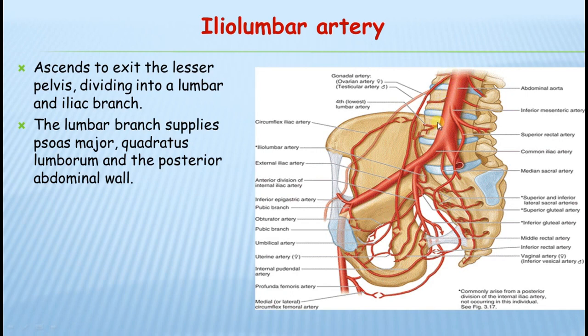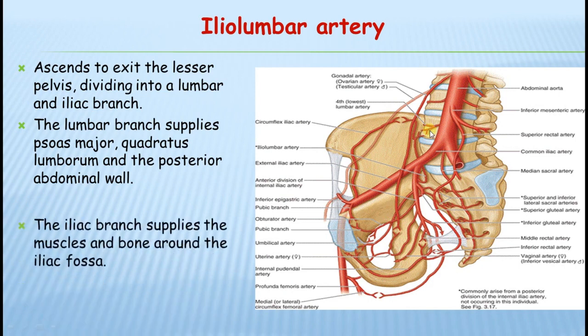They are actually the posterior branches from the abdominal aorta. So it anastomoses with the fourth lumbar artery and sends a spinal branch to the intervertebral foramen between L5 and sacrum.